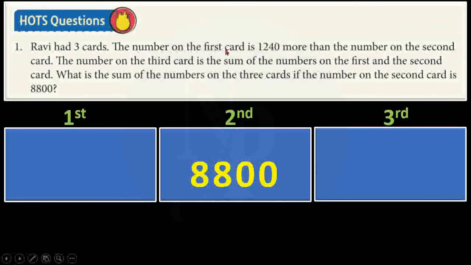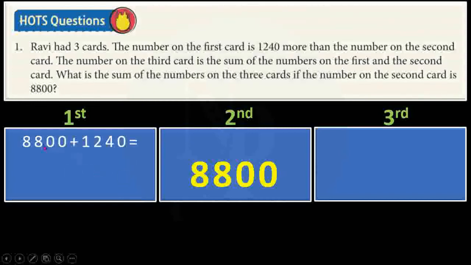So let us read again. The number on the first card is 1240 more than the number on the second card. That means if you add 1240 to 8800, you will get the number on the first card.